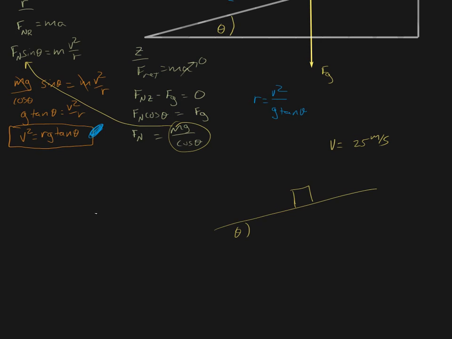So what we do is we calculate v critical, and we determine that v critical is equal to 20 meters per second. So in terms of friction, what this means is that the car is moving too fast for this critical velocity. So the car wants to go up the ramp.